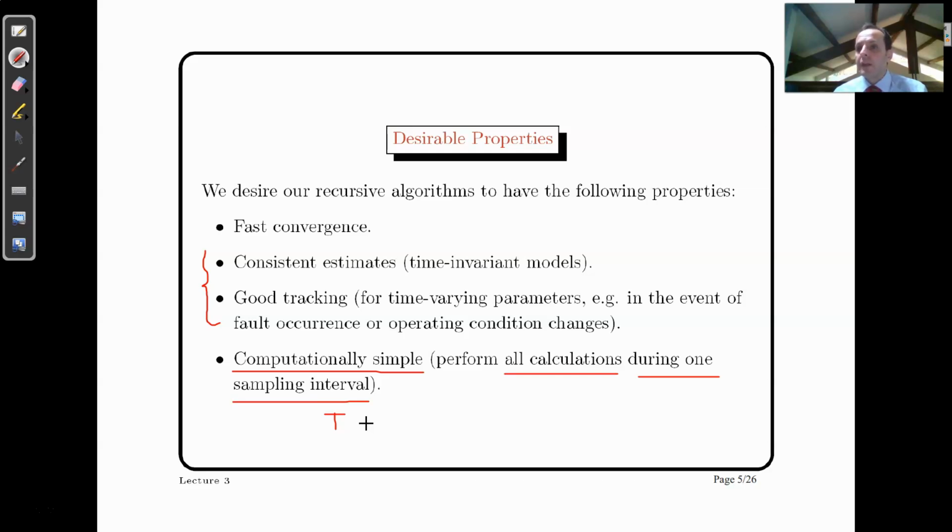You can easily understand that this requirement can be quite important. In some cases it can even be impossible to meet, because if your sampling interval is very short, you may be unable to perform all your calculations in this time interval. So your algorithm should be as simple as possible.